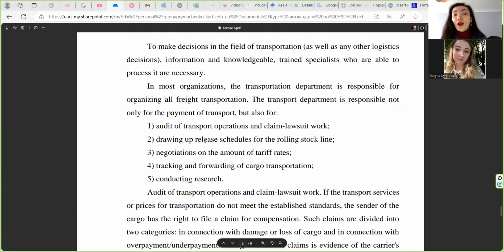It is drawing up releases, negotiating the amount of tariff rates, tracking and forwarding of cargo transportation, and conducting research. Okay, so it is interesting information for discussion in our second part. I think we could do it in the second part of the lecture.